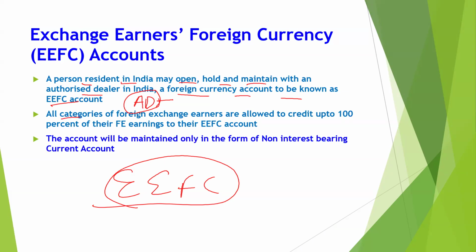All categories of foreign exchange earnings are allowed to be credited up to 100%. They can credit up to 100% of their foreign currency earnings to their EEFC account.